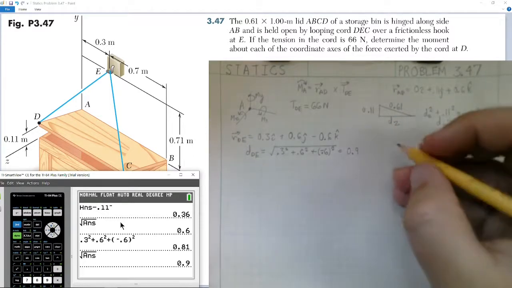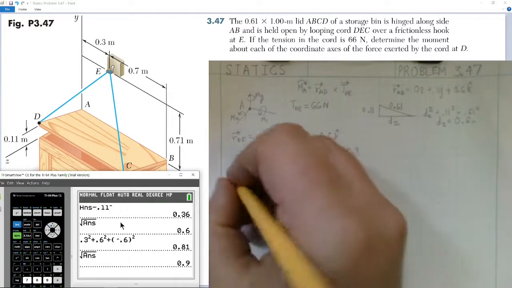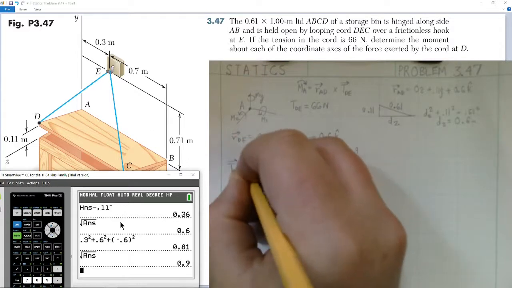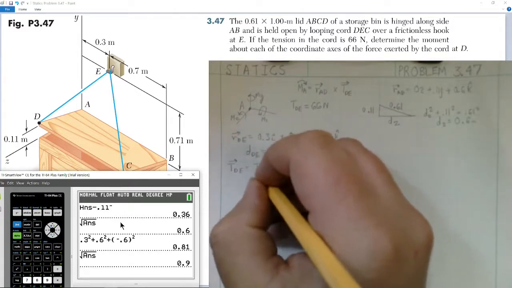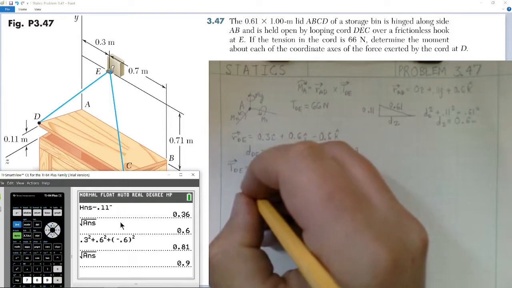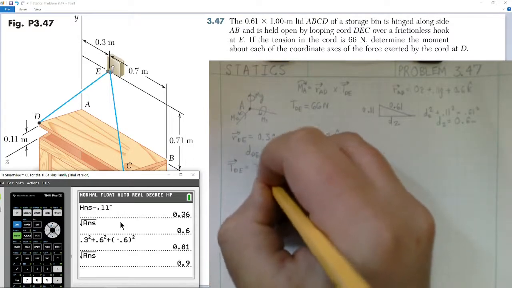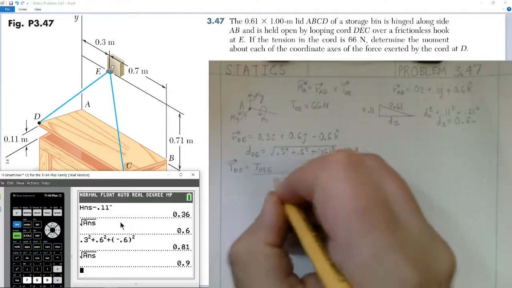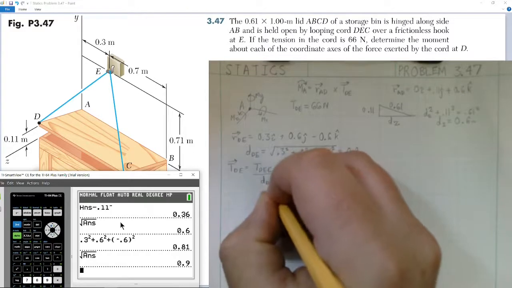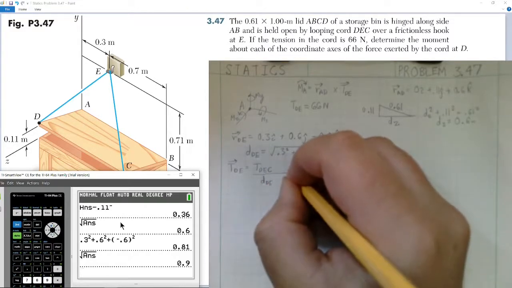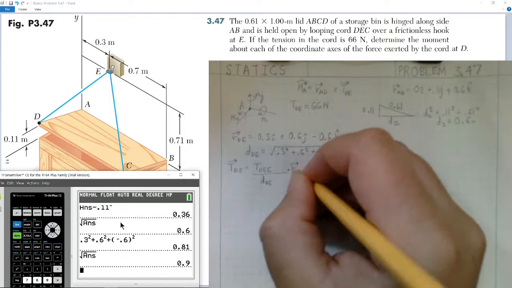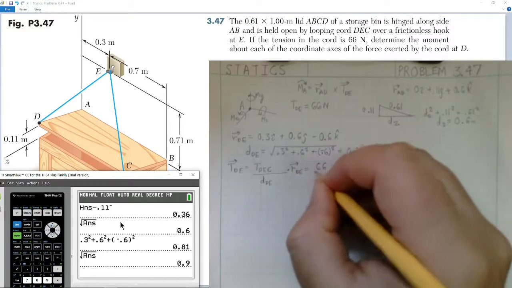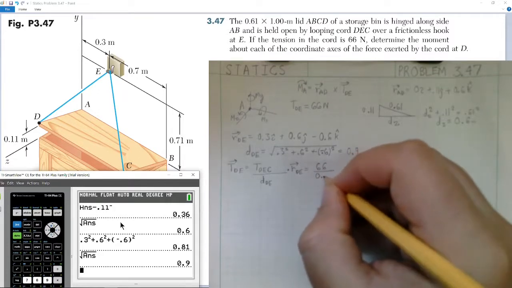Now we can calculate our tension vector D to E. Our tension vector D to E is going to be the scalar value of the tension in the cord DEC, which is given to us as 66 newtons, divided by the distance from D to E we just calculated, multiplied by the position vector r from D to E. So if we substitute these values in, we have 66 newtons over 0.9 meters.